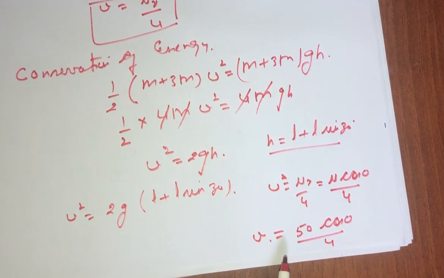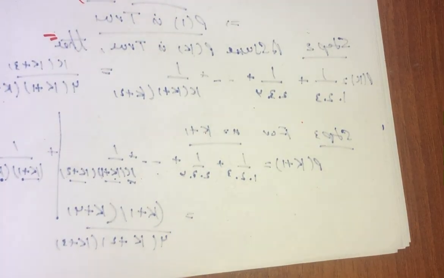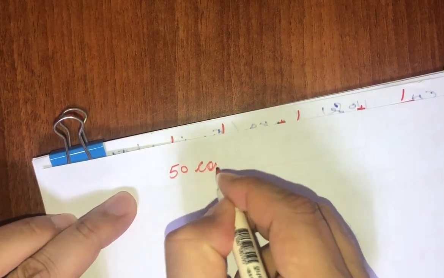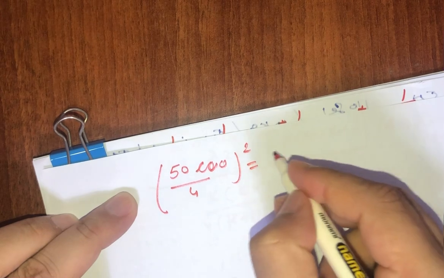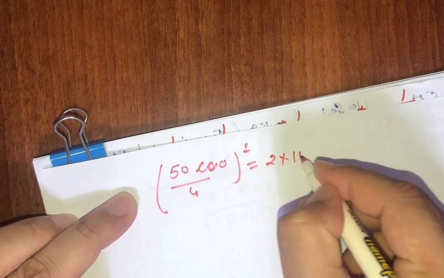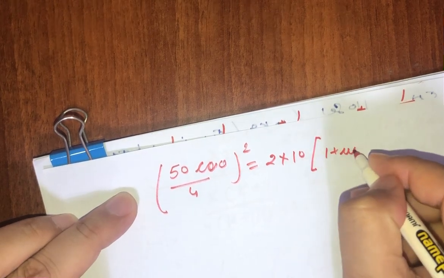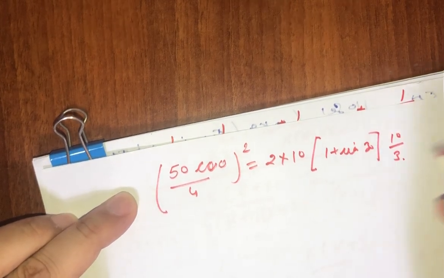So we are going to substitute this value of v here, and we are going to get 50 cos of theta divided by 4 whole square is equal to 2 times g, where g is 10, times L into 1 plus sine 30, taking L common, and L is given by 10 by 3.